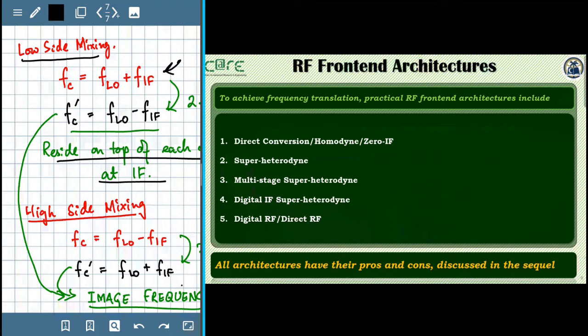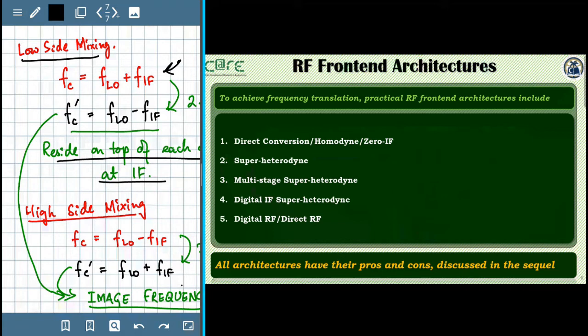It is referred to as the direct conversion or homodyne or zero IF transmitter or receiver design, in which there is a single step conversion from the baseband to the desired RF frequency, or the other way around, from the desired RF frequency down to the baseband. The second RF front-end architecture that we are going to talk about is the super heterodyne architecture, in which there is a 2-step conversion. The third one is multi-stage super heterodyne, in which there are more than 2 stages of down conversion or up conversion.